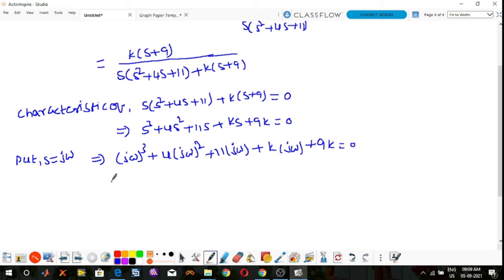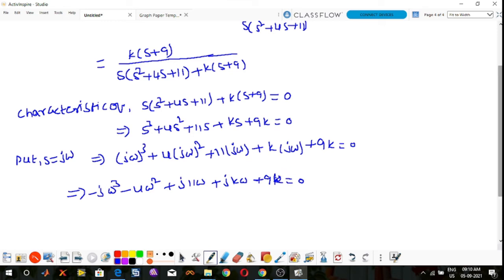So j cube is minus j, so we get minus j omega cube; j square is minus 1, so minus 4 omega square plus j 11 omega plus j K omega plus 9K is equal to 0.